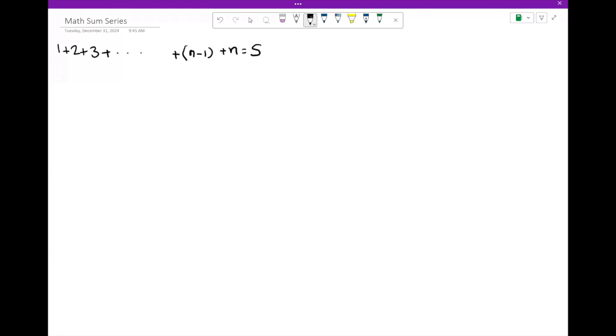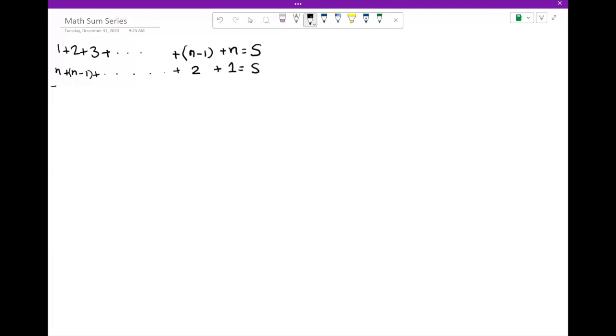The interesting key concept to find the value of s is that we write this equation again, but from the right side. So the n from the right side will come to the left side. This will become n, the next one will become n minus 1, and it goes on until the last one will be 2 and then 1. Since we just wrote this equation from right to left, the sum would be the same, s.